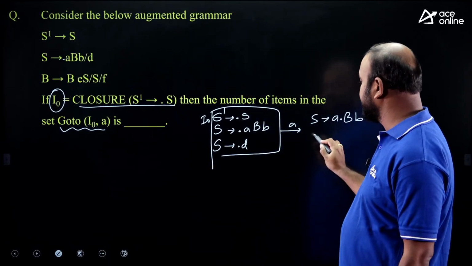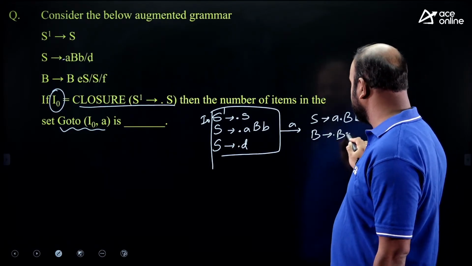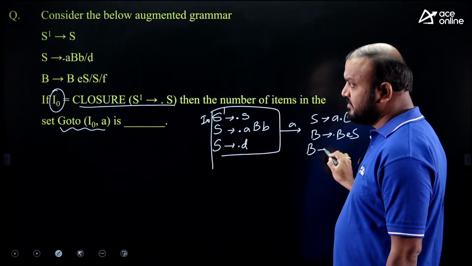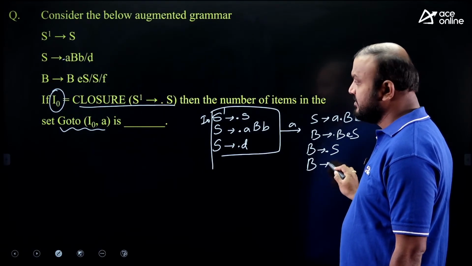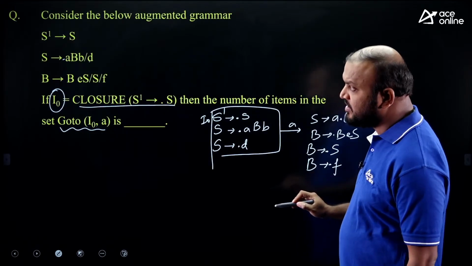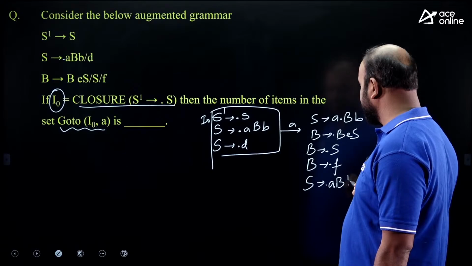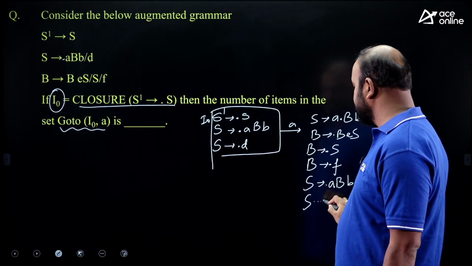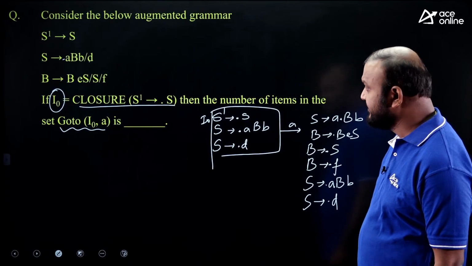Capital B, we have three productions: B tends to dot capital B, small s, and B tends to dot S, and B tends to dot F. Because of dot S, there are two S productions, S tends to dot a B b, and S tends to dot t. Any more items possible? No more.